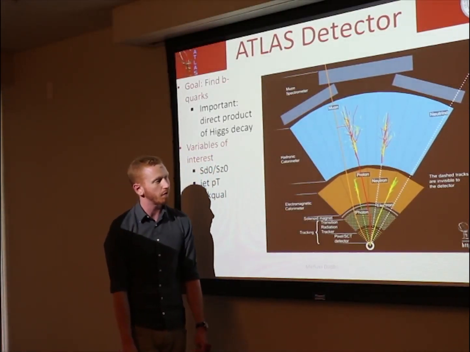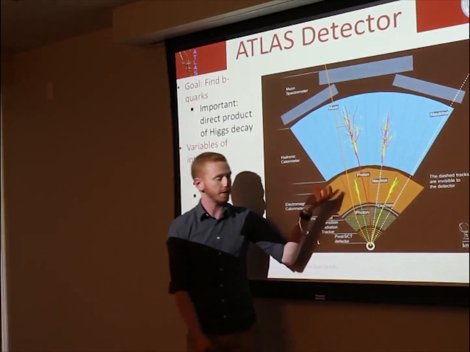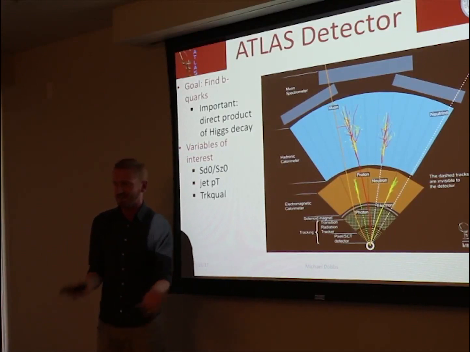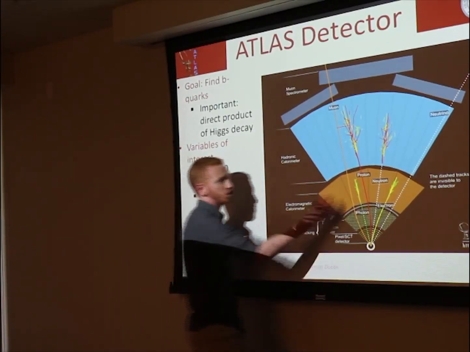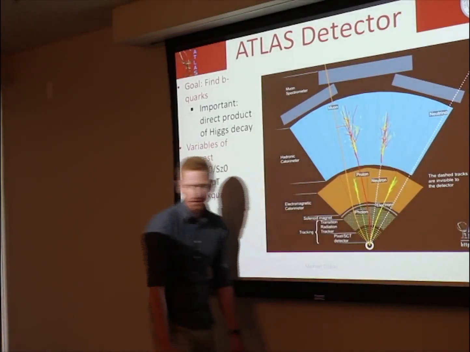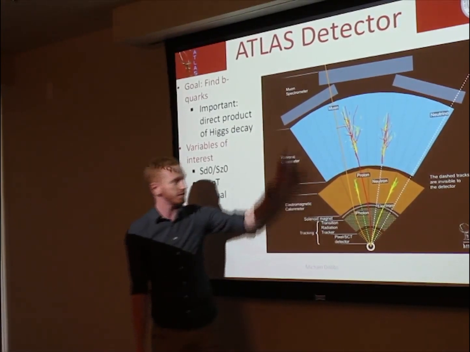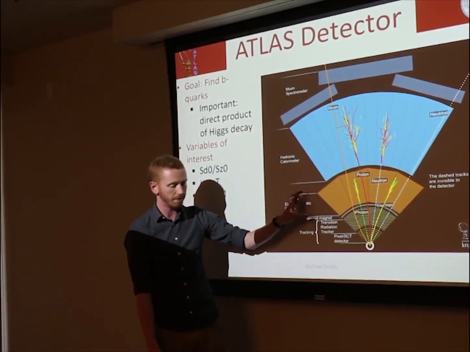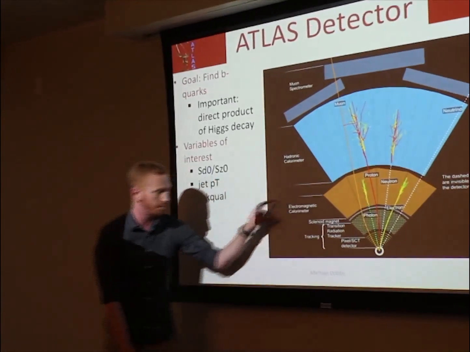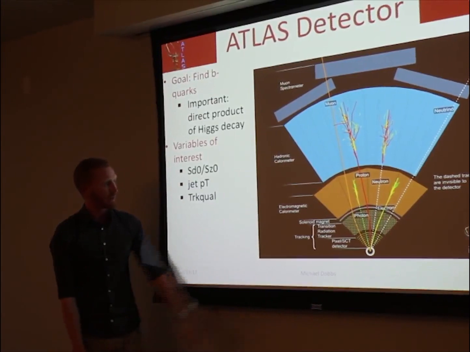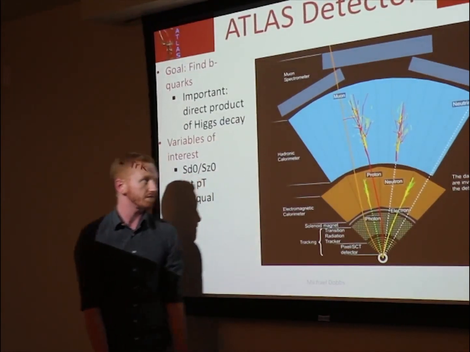Once a particle interacts with the detector, it can decay into other particles, and those particles can then decay into more particles, so it creates this shower-like effect, what we call a jet. And there are different parts of this detector to measure different properties and to measure different particles. So for example, the electromagnetic calorimeter is to measure charged particles, the hadronic calorimeter is to measure properties of hadrons, etc.